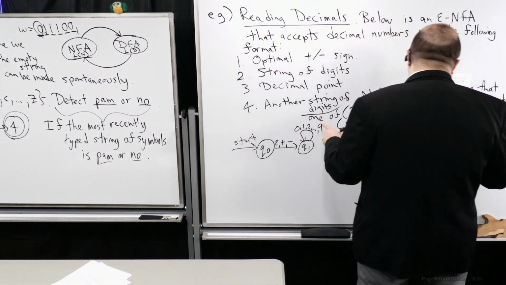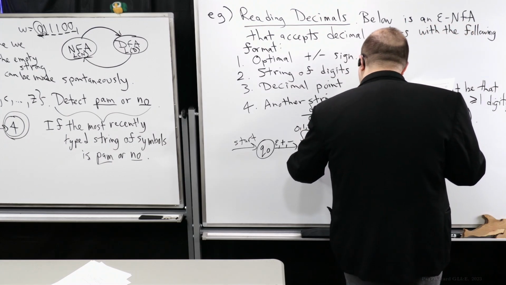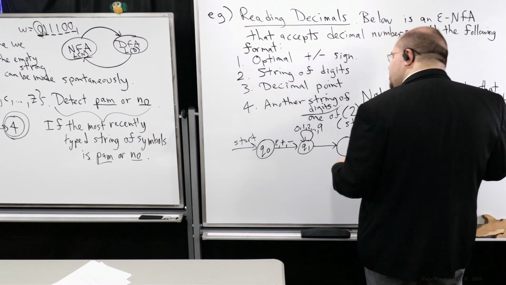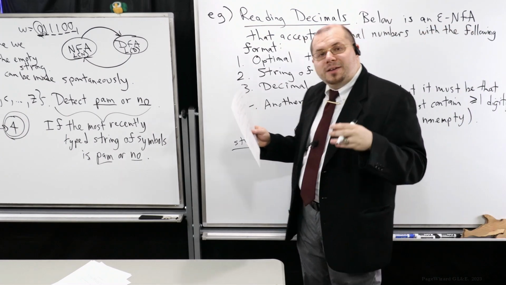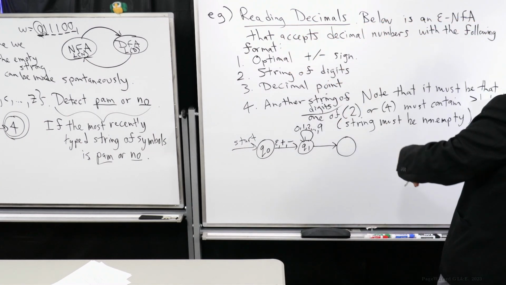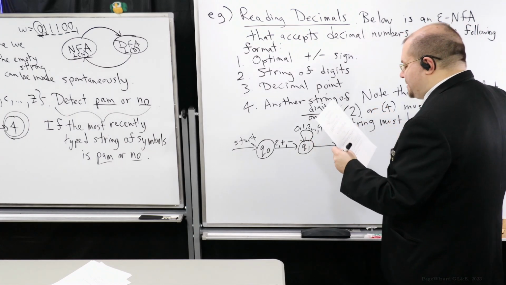But if you don't like that, we can... actually, we'll keep it like this. If you don't like this epsilon NFA, I encourage you to think about how you would forbid this in the design. Notice here I don't have anything that says we're not allowed to have a 0 sitting out front.